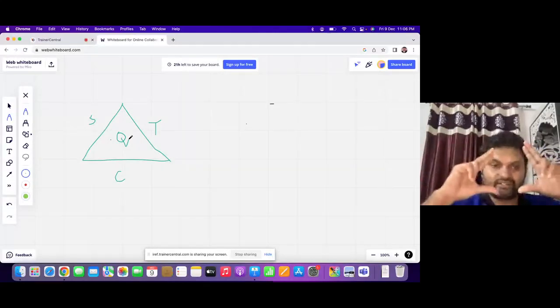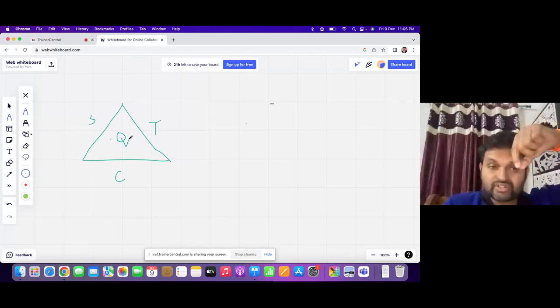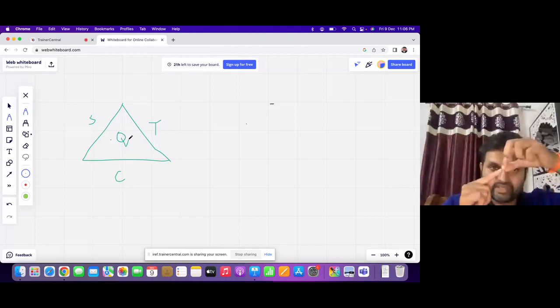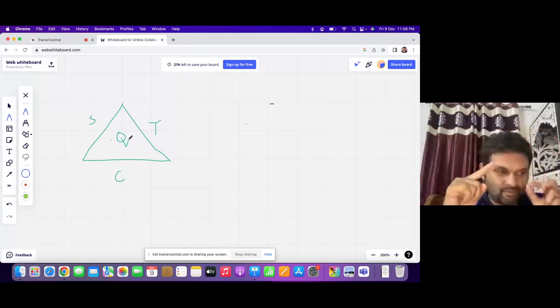So every project will be dependent on these three factors: scope, cost, and time. Why is it called a triangle? The reason is that if I increase, for example, just take a case of scope and time, if this is the scope and this is the time, and I increase this part of the triangle, if scope is increasing, it is also increasing the time.